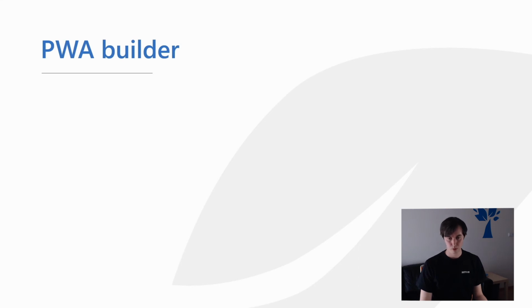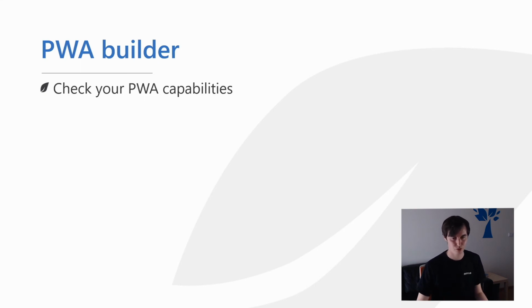This can help you. The other tool that can help you a lot with application development, with PWA development, is something called PWA Builder, which is a website created by Microsoft. You can also check your capabilities here, so you can run another audit so that you know that your application is okay.